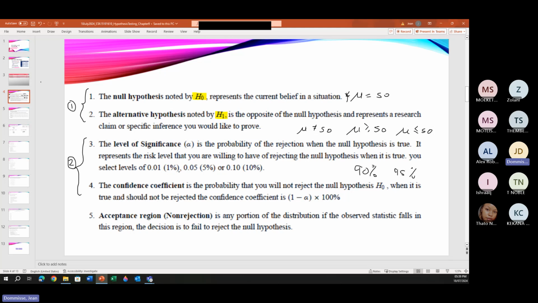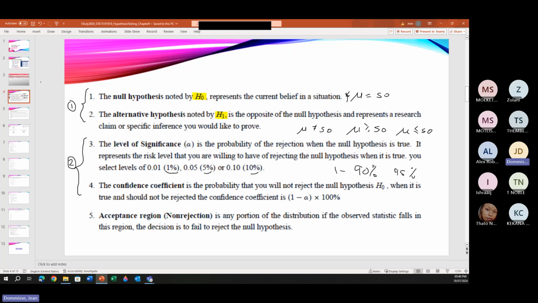With level of significance, 1 minus 90% gives us a 10% level of significance, 1 minus 95% gives us a 5% level of significance, and 99% would have given us a 1% level of significance. Again, this brings the two study units into context with one another. The level of significance is alpha.